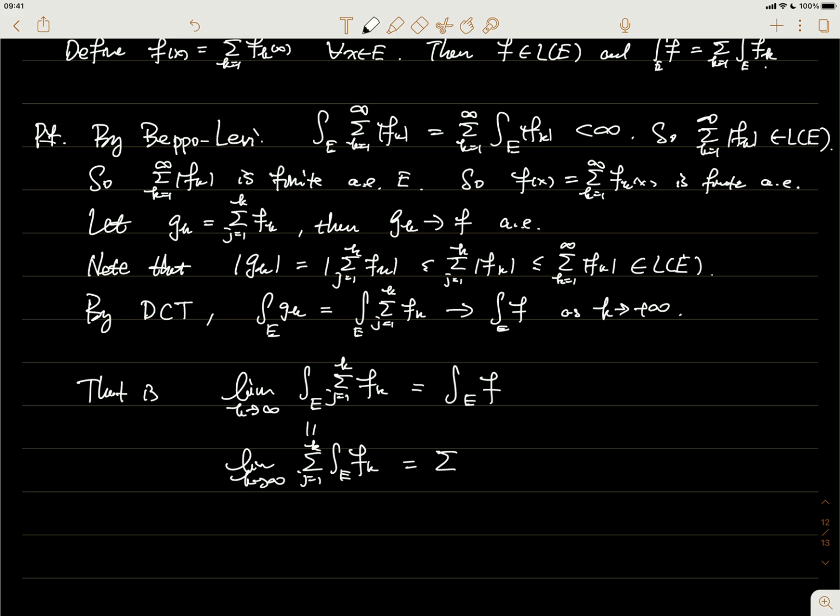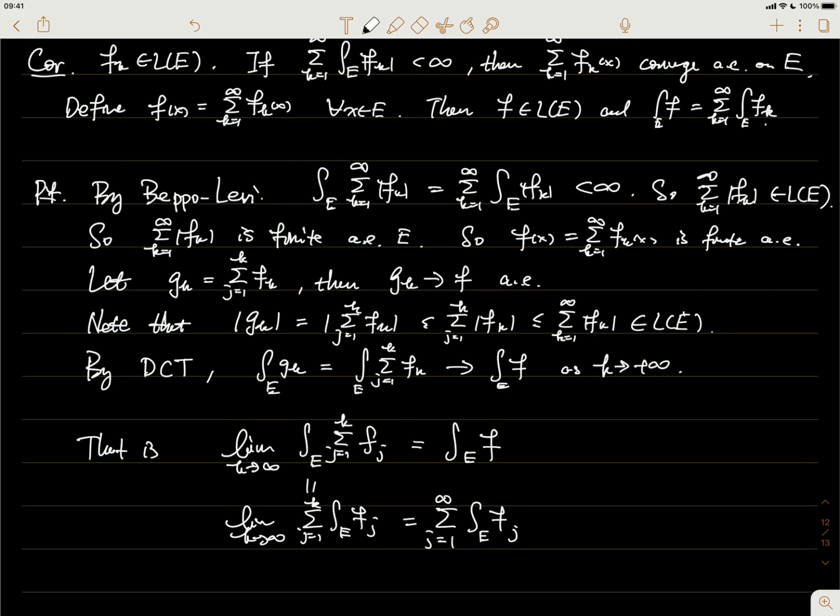So this is just the sum from j to positive infinity of the integral of f_j. Okay, but I just change the variable j to k, then we'll get the claimed equality.